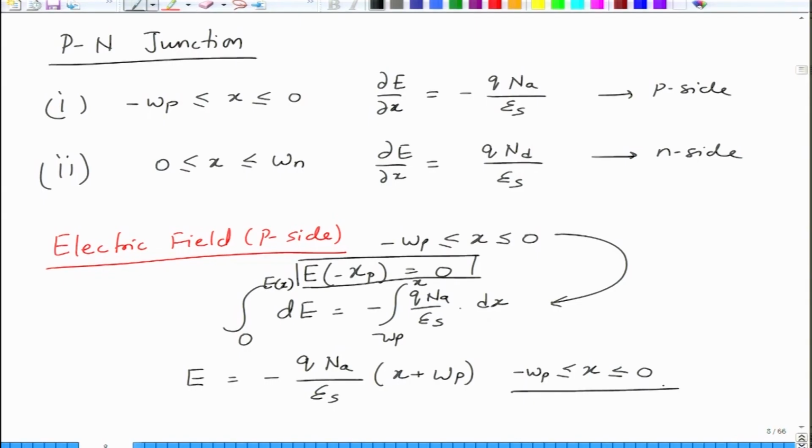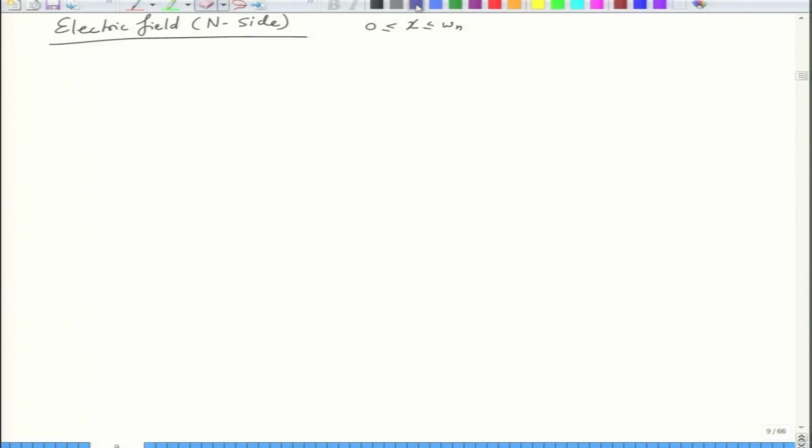Now, the same thing if you want to calculate the electric field on the n side. When we look at the electric field on the n side between x being from 0 to Wn, the first condition is that the electric field at Wn is equal to 0, because it is 0 at the boundary of the depletion region and the quasi-neutral region. So E x is now calculated by integrating the electric field from E x, because the electric field is continuous in the depletion region, and then it becomes 0.